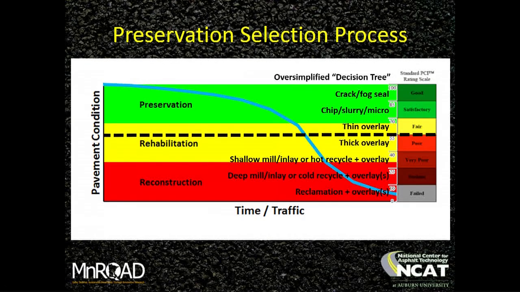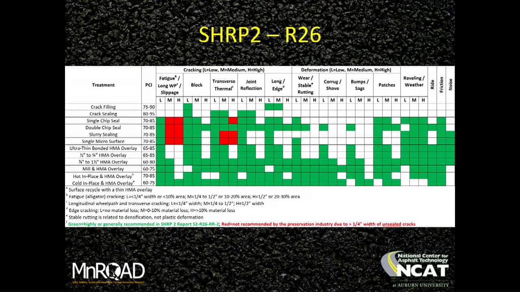But when we talk about pavement preservation, we don't want to go far down on that curve. We want to stay up near the top, and when we can stay up near the top, we want to select alternatives instead of just starting with the lightweight stuff and working our way down. We want to choose the alternatives that will help us achieve the lowest possible life cycle cost, the lowest cost per lane mile to preserve the structure.